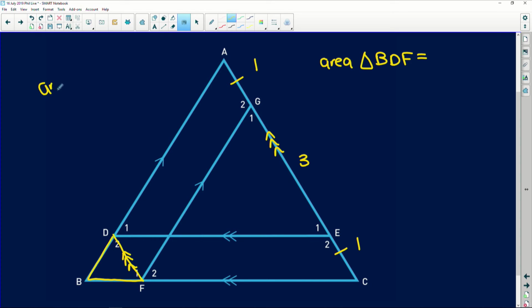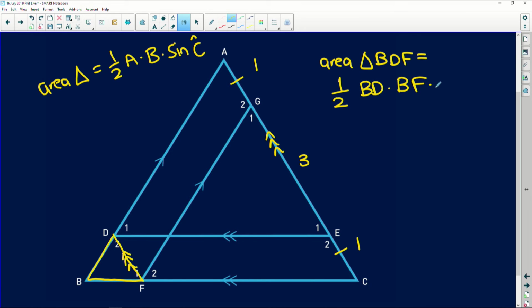Remember, your area of a triangle is equal to half one side multiplied by the other side multiplied by the sine of the angle included between them. So we're going to have half BD multiplied by BF multiplied by sine of angle B. Okay, so that's the area of this tiny little triangle over here.